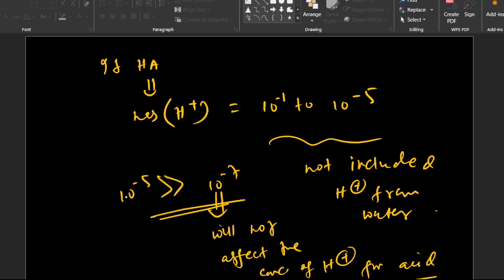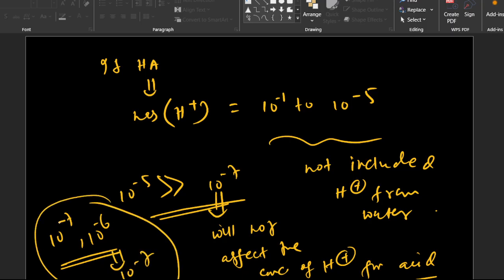But if this value is like 10 raised to minus 7 or 10 raised to minus 6, then this value is nearly equal to 10 raised to minus 7 of water.